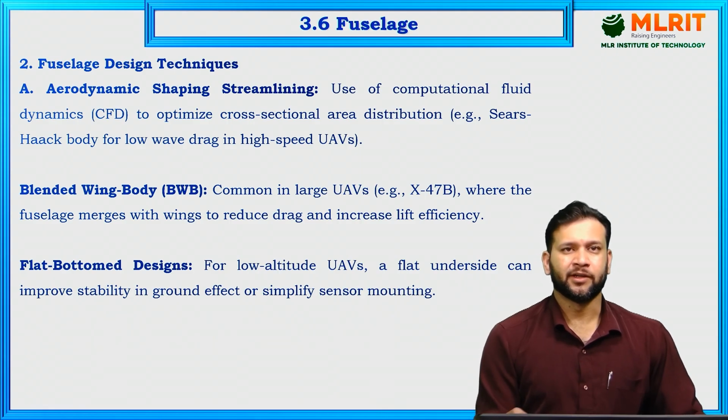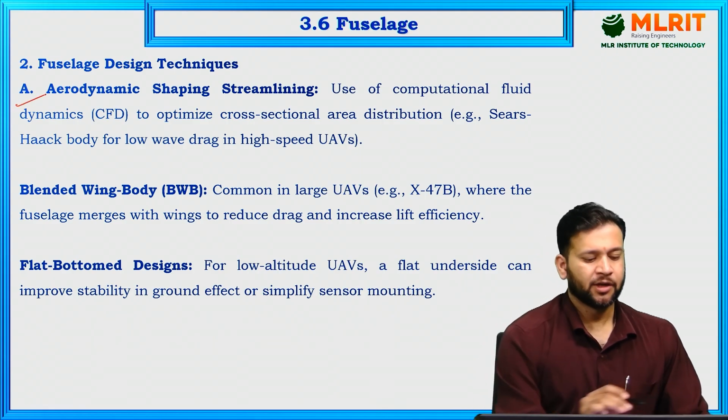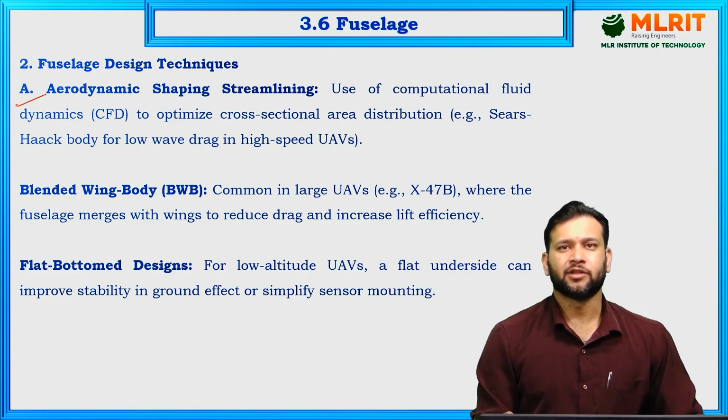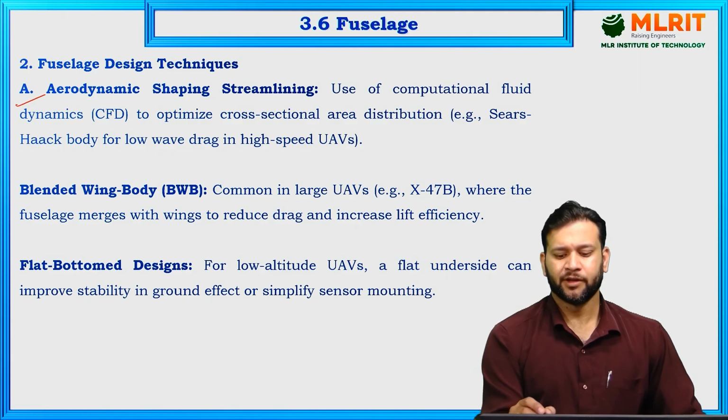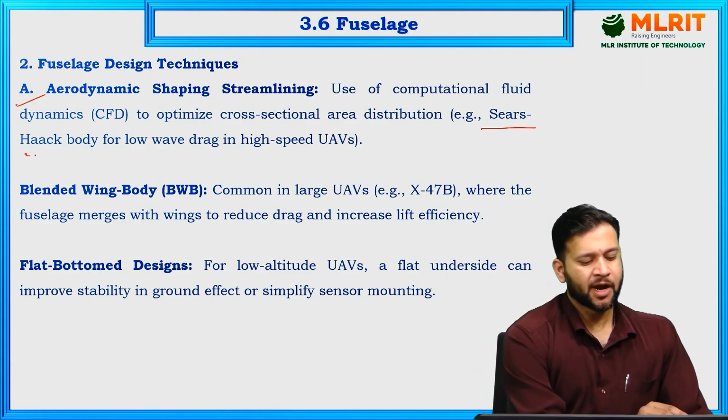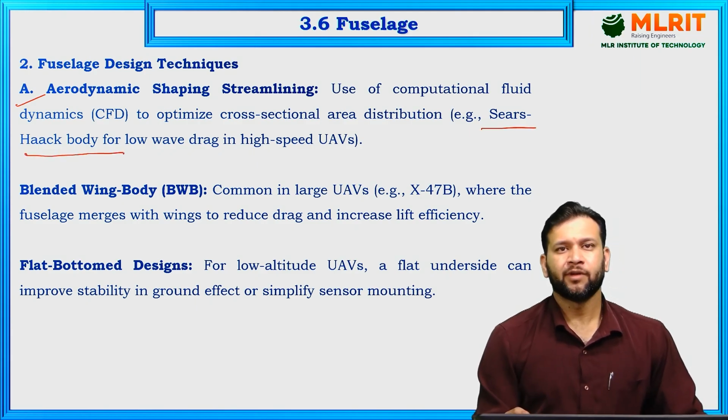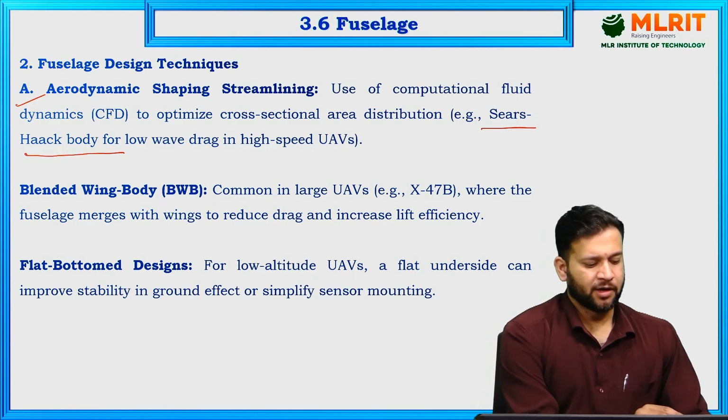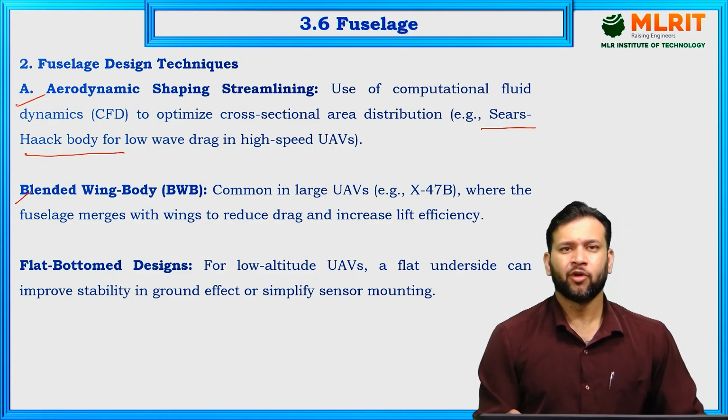Fuselage design techniques. The very first one is aerodynamic shaping and streamlining. We use computational fluid dynamics to optimize cross-sectional area distribution. For example, Sears-Haack body for low wave drag in high-speed unmanned air vehicles. We use the technique of blended wing body, which is commonly used in unmanned air vehicles.